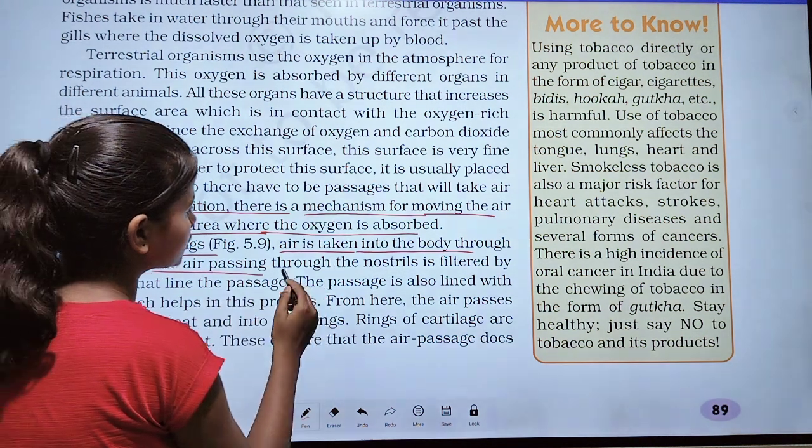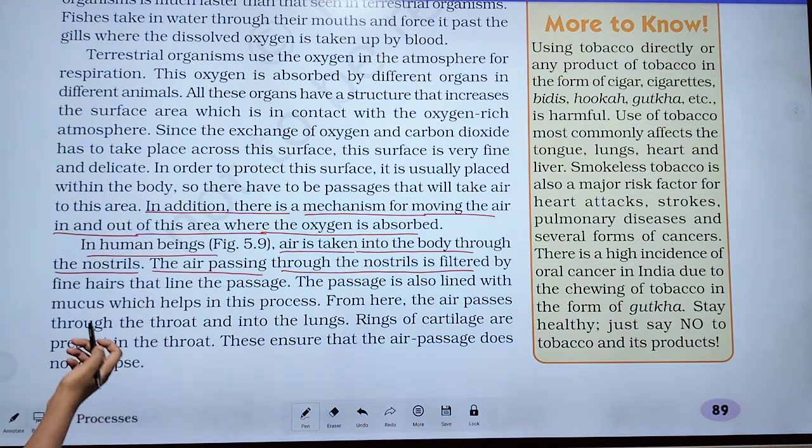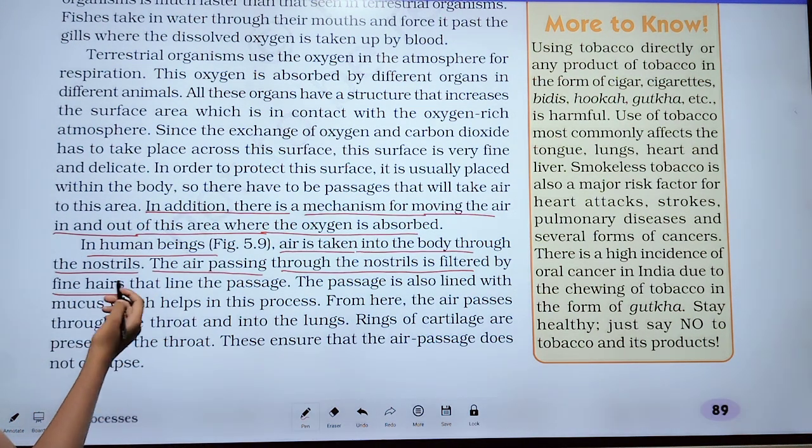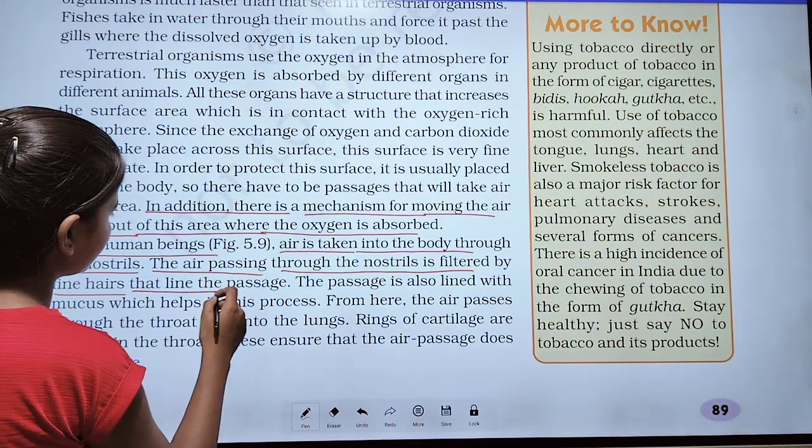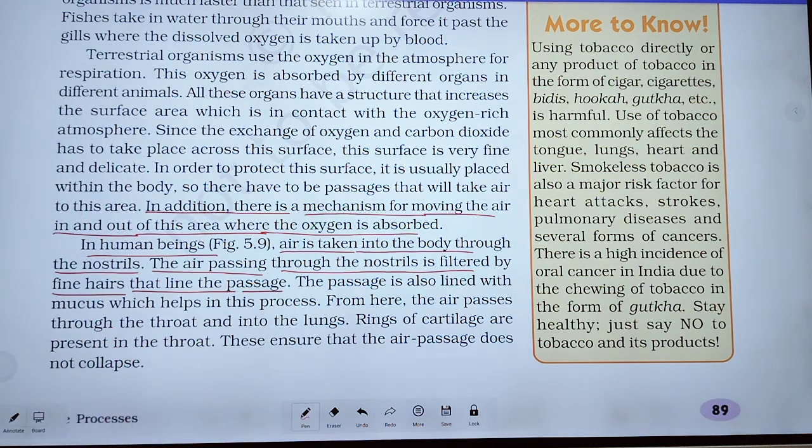The air passing through the nostrils is filtered by fine hairs that line the passage.